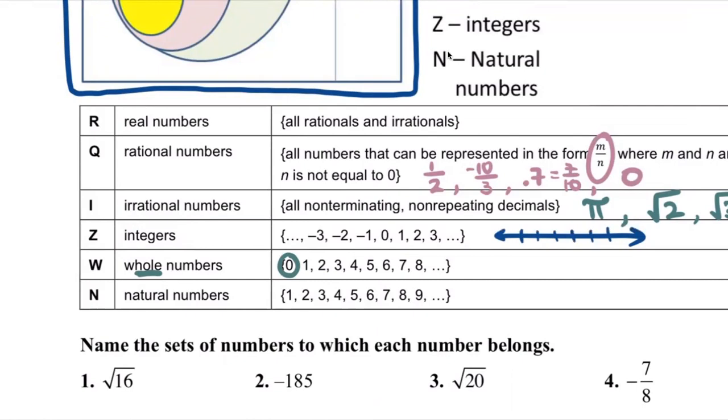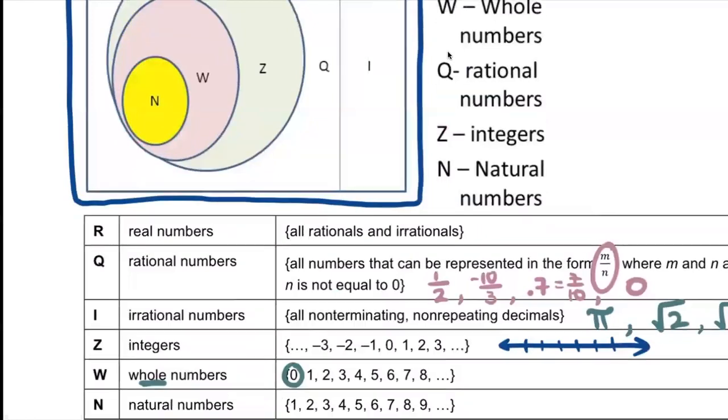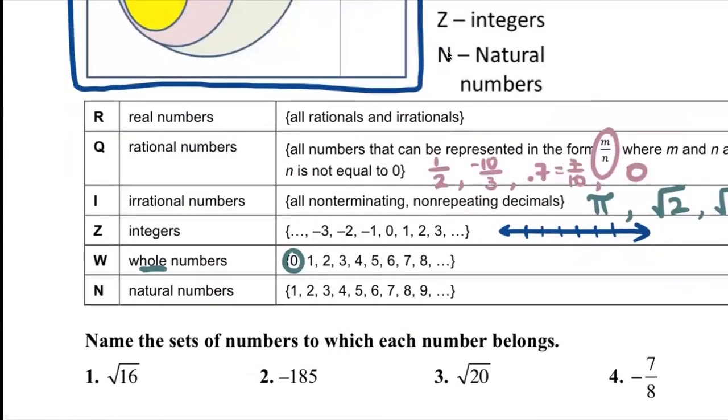Okay. And then under that, there is our last one, which is natural numbers. Natural numbers are basically exactly like whole numbers, just without the 0. So 1, 2, 3, 4. So positive integers, basically.